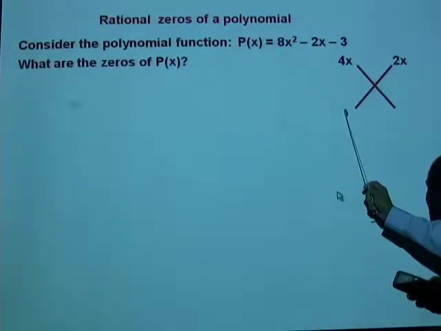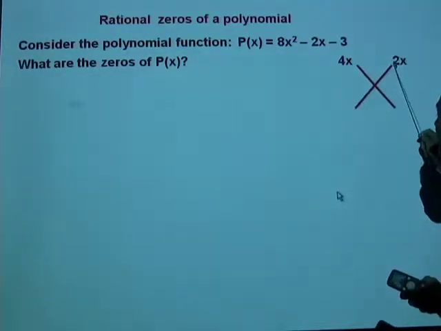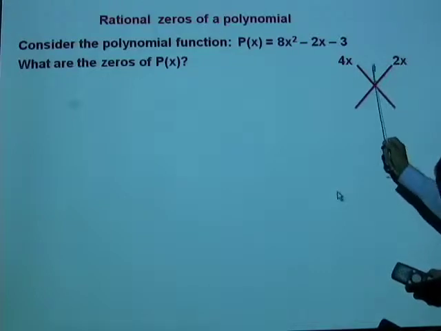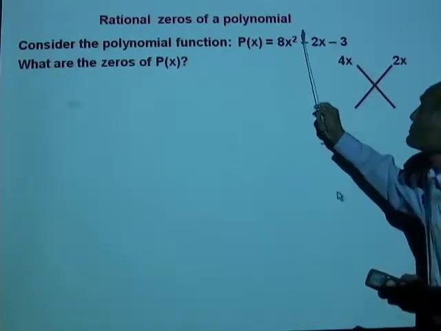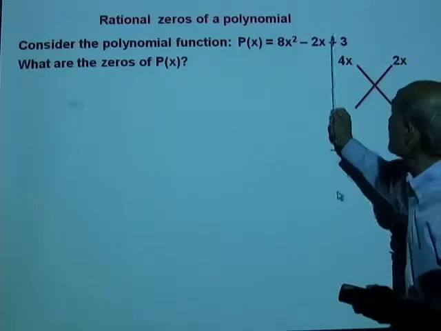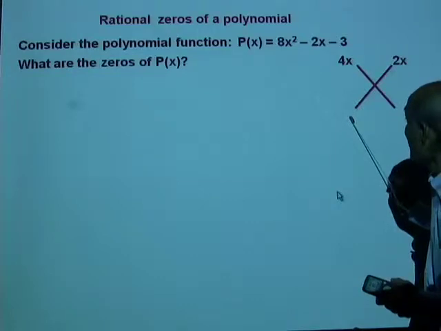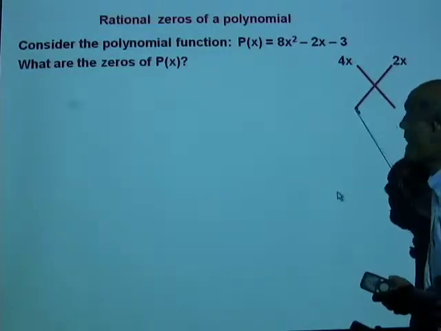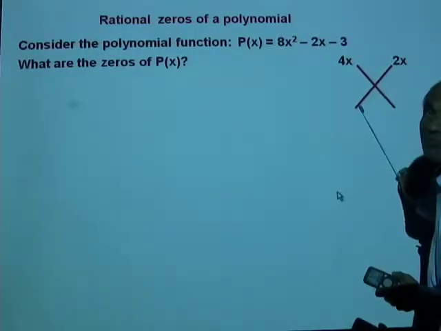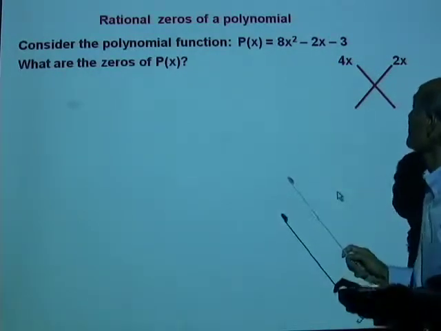Write those numbers here, then multiply across and add them. You must get the middle term. In other words, when you write the factors of negative 3 in these two positions, then multiply along the line, that's what the line is meant for, and add, you must get negative 2.